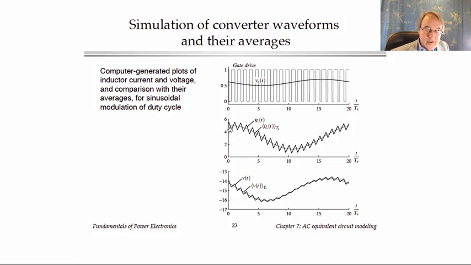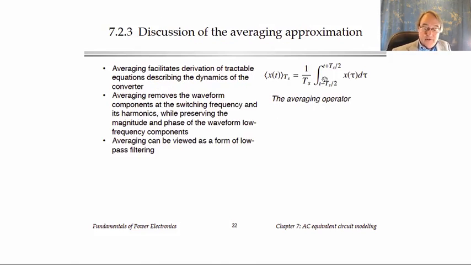And you can see that the average quantity really does go right through the middle of the ripple, and it is in fact the correct way to calculate this moving average. One other small point I'll make is that if you change the interval of integration, so instead of, say, integrating from t minus Ts over 2, suppose we just integrate from t to t plus Ts.